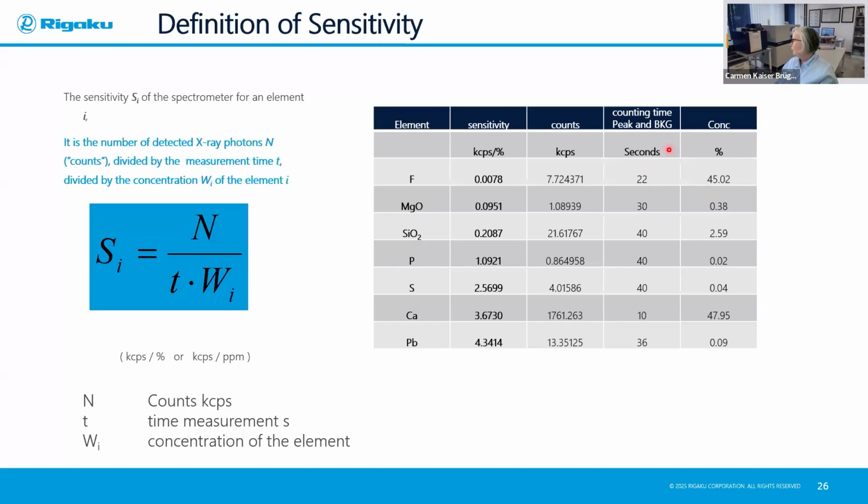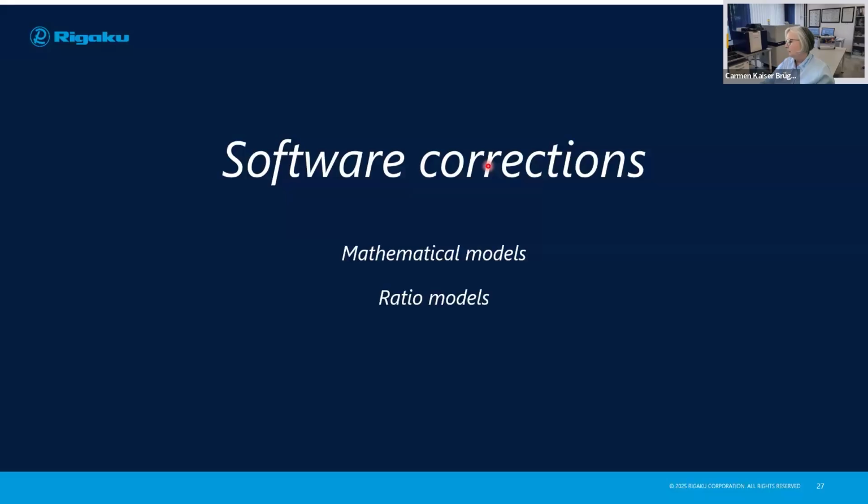Here are the parameters that were used and the counts that we got, and here you can see the defined sensitivity. This is always important for us to know as an analytical chemist.